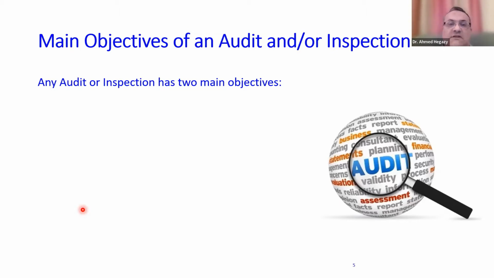Usually audit in Arabic is مراجعة, or it's a review. Usually it's something internal, like if I work in an organization, the quality manager or audit department makes an audit internally. Or even if they don't have this expertise, they can hire a vendor or an external auditor, but it's more or less the company or the organization doing this on themselves.